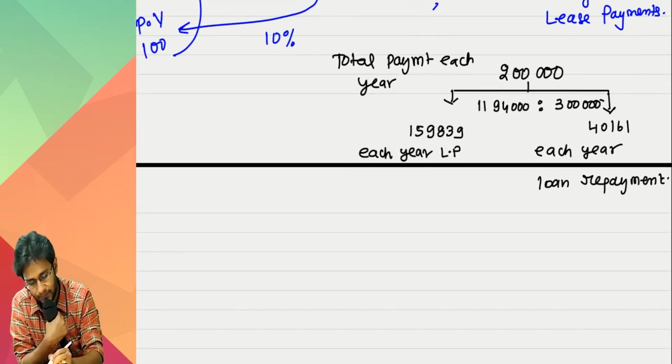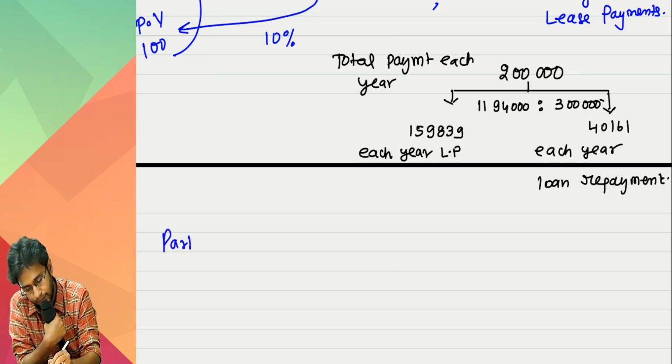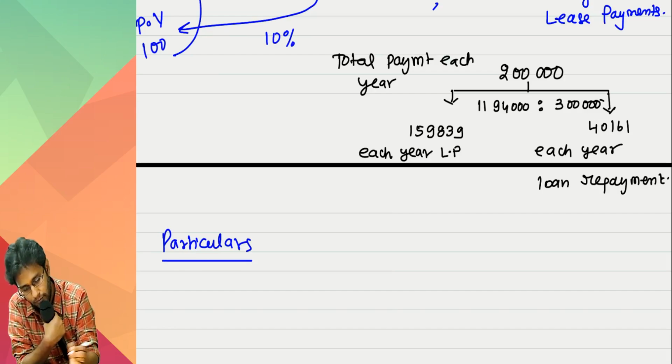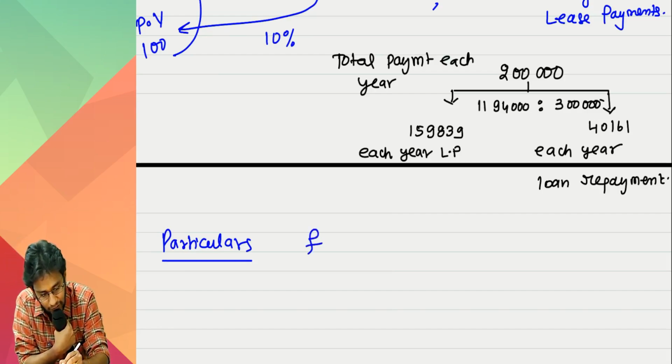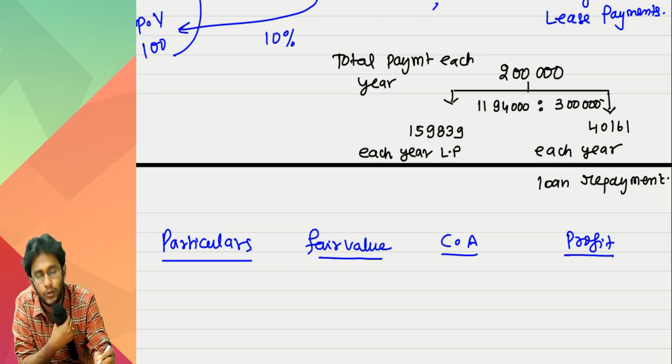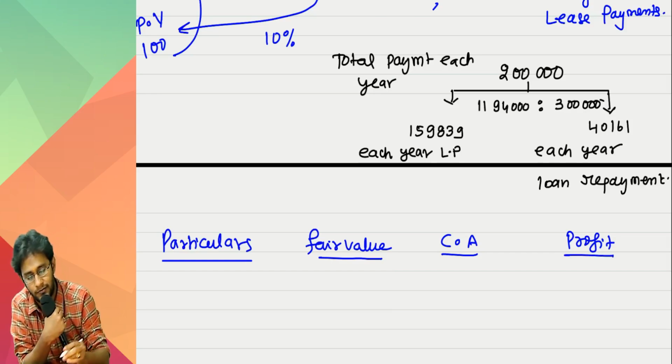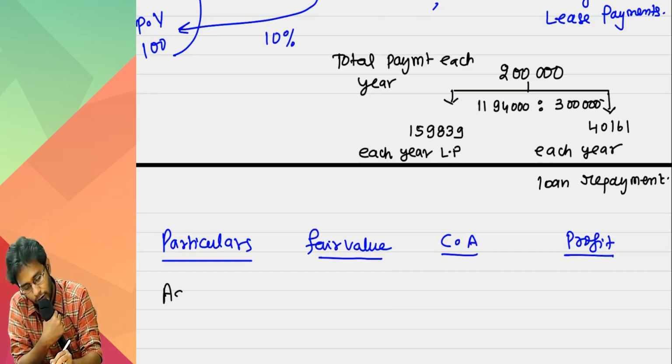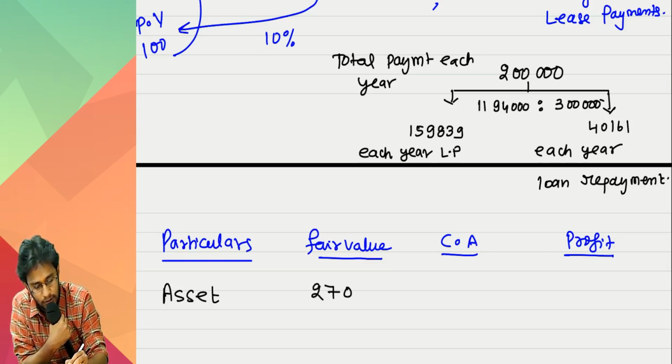Particulars. Fair value. Very good, fair value. Then carrying amount and then profit. All you will write is only one entry. One entry and this much drama. Total asset fair value is 27 lakhs.